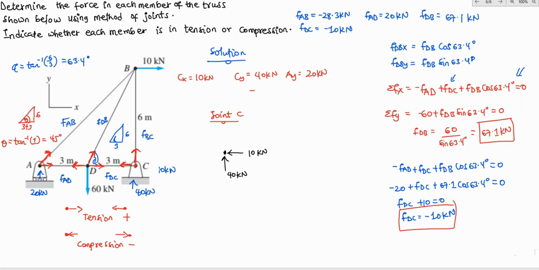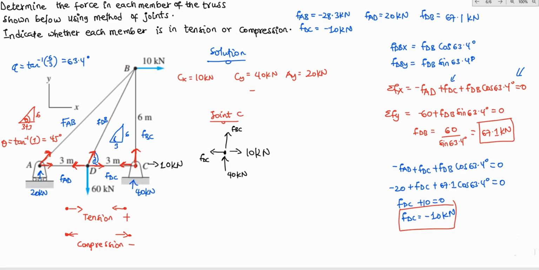The direction is not supposed to be going that way. I think I made a mistake with that. It should be this way rather, because you got the answer to be a positive value. So that should be 10 kilonewton. The same should happen here. Sorry about that. I'm going to have 10 kilonewton here. So let's indicate the direction for FBC, and then these two for FDC.